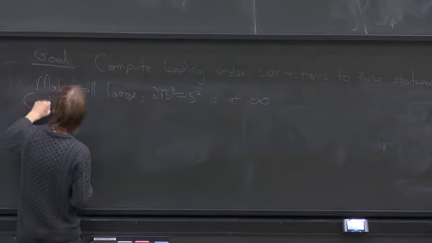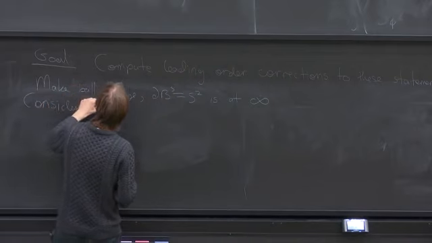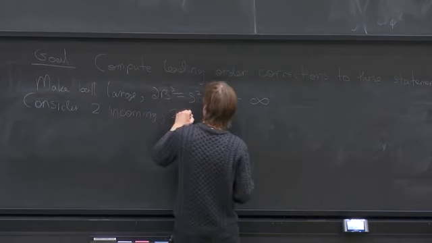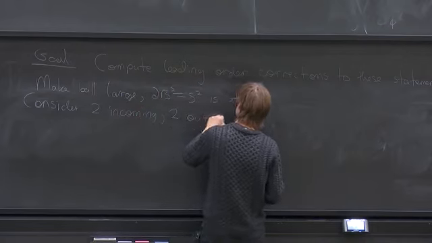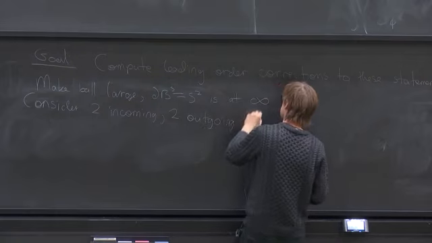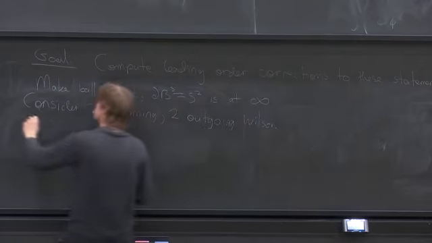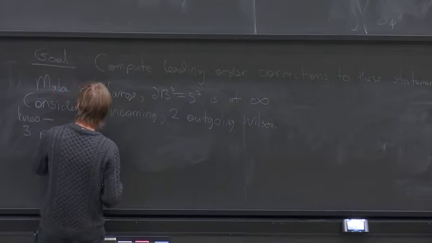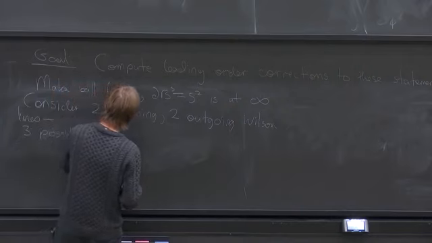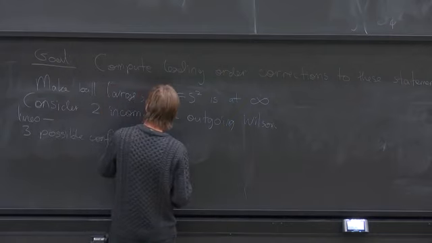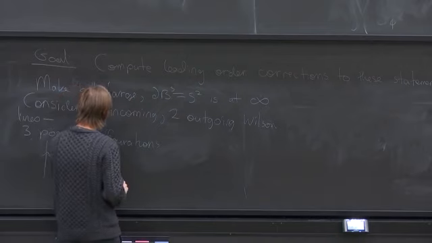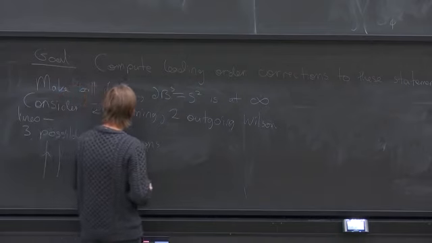And then we consider two incoming, two outgoing Wilson lines, in the three possible configurations. So either they're parallel, this one is over, or this one is under.